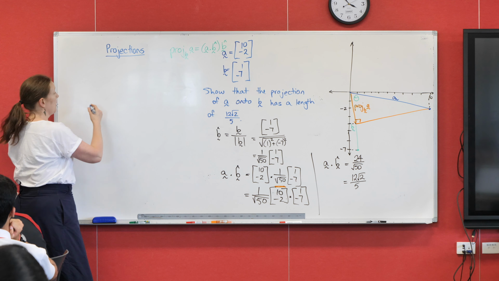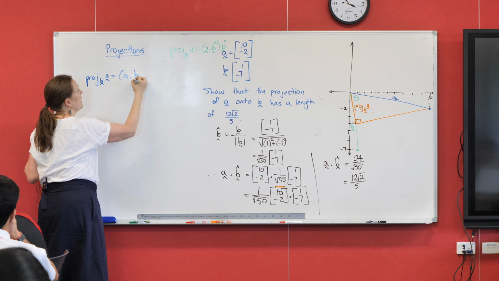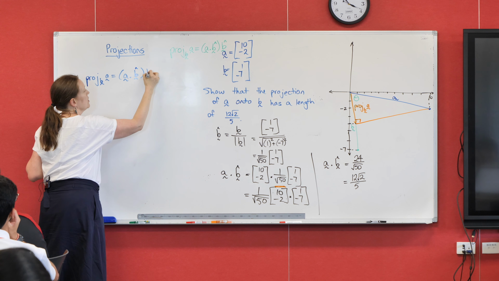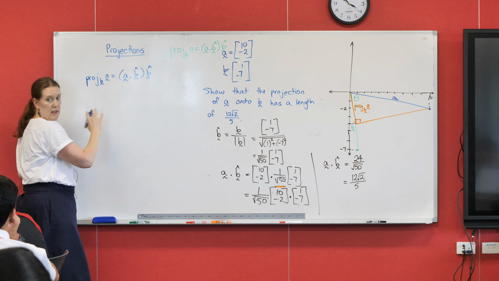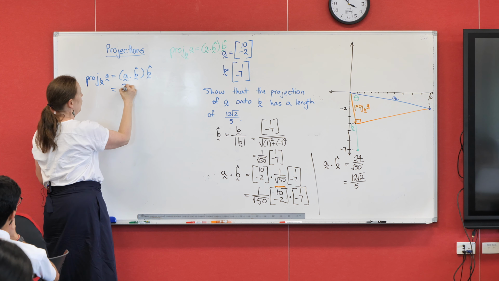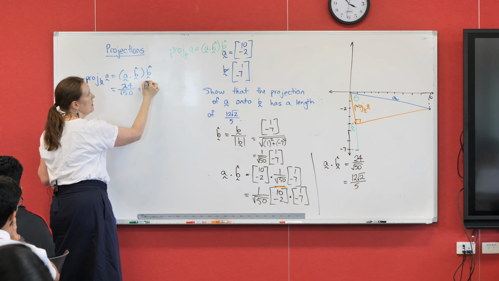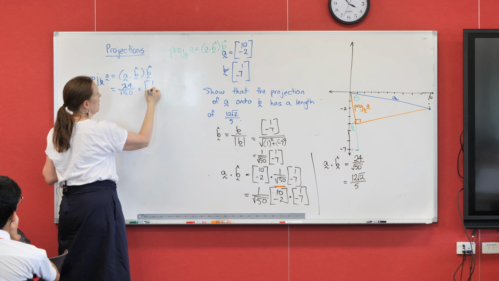If you used this formula and said the projection of B onto A equals A dot B hat times B hat. And you went, I'm going to find what this is. We've got this bit. So that's 24 over square root 50 times the direction of B, which is 1 minus 7.